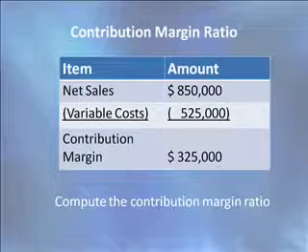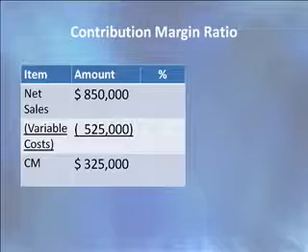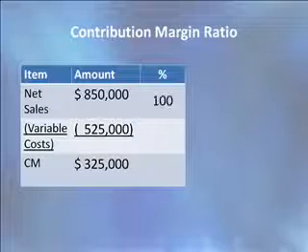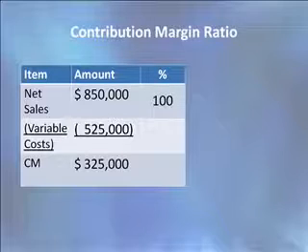We need to compute the contribution margin ratio, the relationship among these items. Net sales will always equal 100%. Variable cost and contribution margin are a percent of net sales.